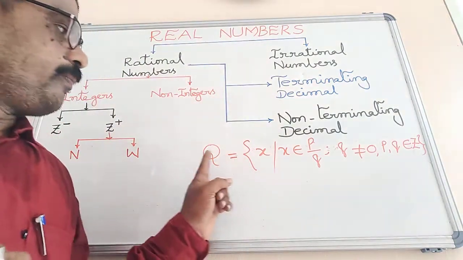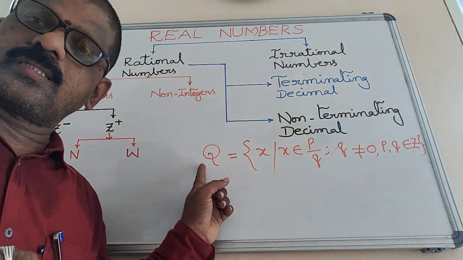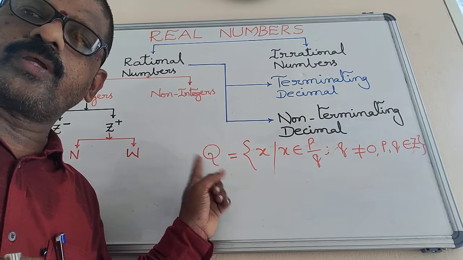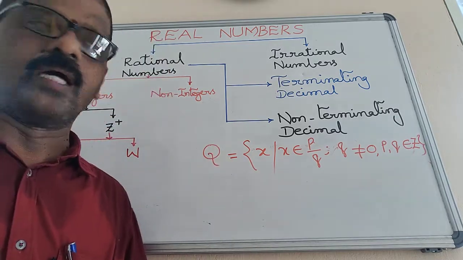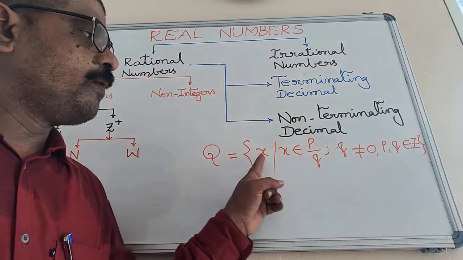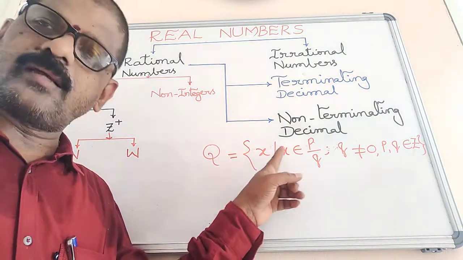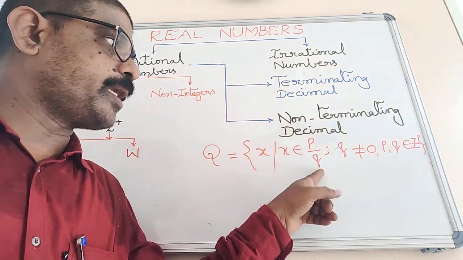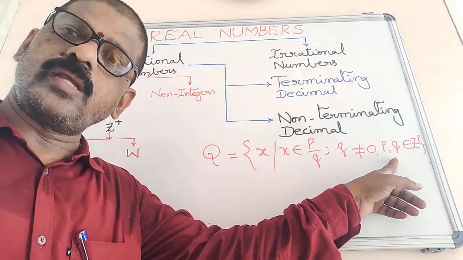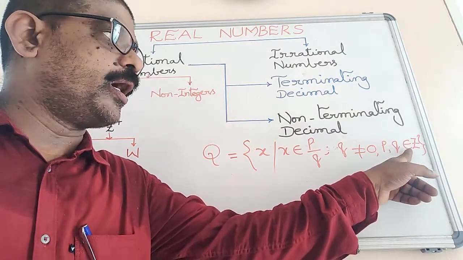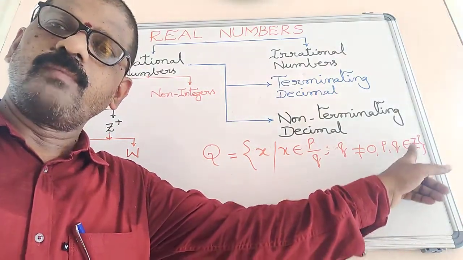Once again, the set of rational numbers is denoted by the letter Q. Q means quotient numbers. Quotient numbers are also called rational numbers. So Q equals the set of x such that x belongs to p by q. The conditions are q is not equal to 0, and p and q are integers, p, q belongs to Z.